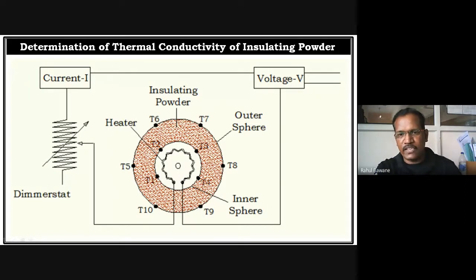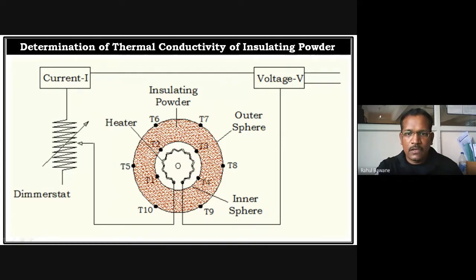As the insulating powder is there, it does not allow the heat to transfer readily, but after 30 or 40 minutes heat reaches the outer sphere. So while conducting our experiment, we have to wait at least 30 minutes, and never start noting down your readings as soon as you switch on your equipment.